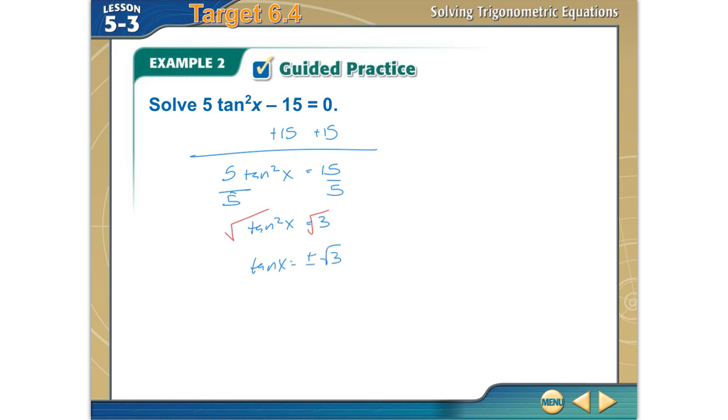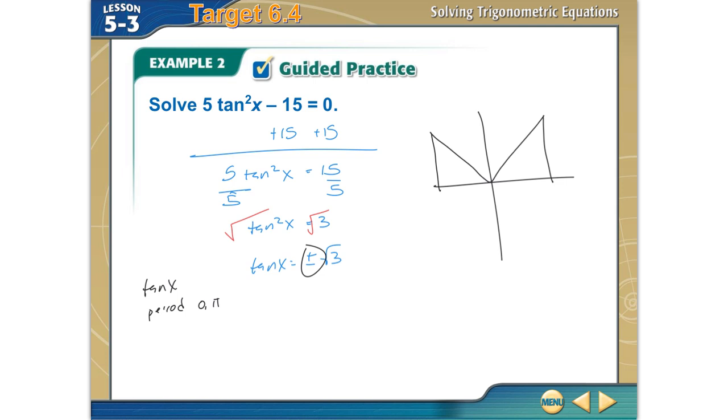Again, we're not just asking the square root of 3, we're asking what squared equals 3, so that means we have to consider both the positive and negative. So now, tangent x has a period of 0 to pi. So we're going to look at 0 to pi. Our ratio can be positive or negative, so that means we are going to be in quadrant 1 and quadrant 2. Okay?